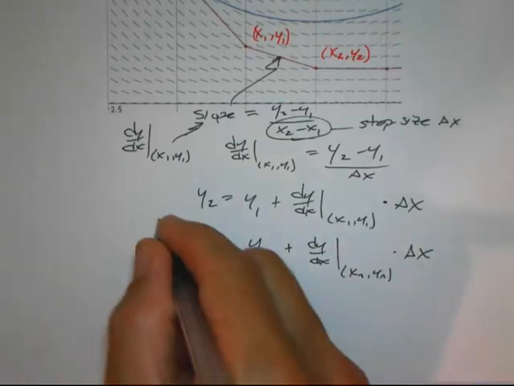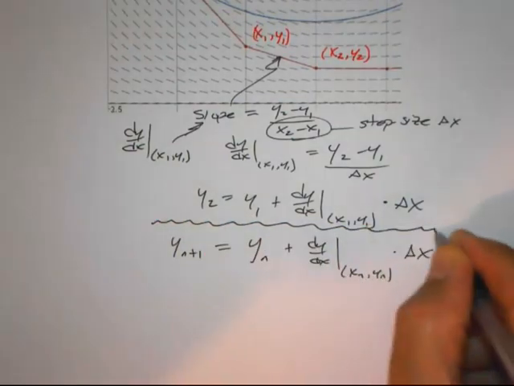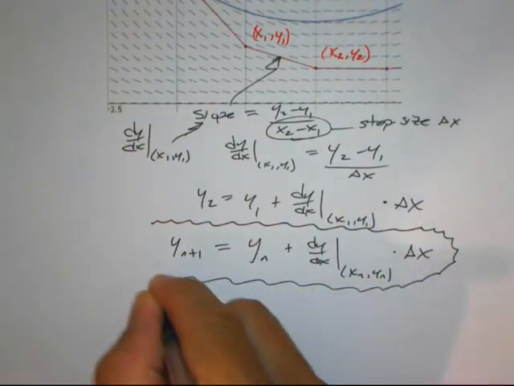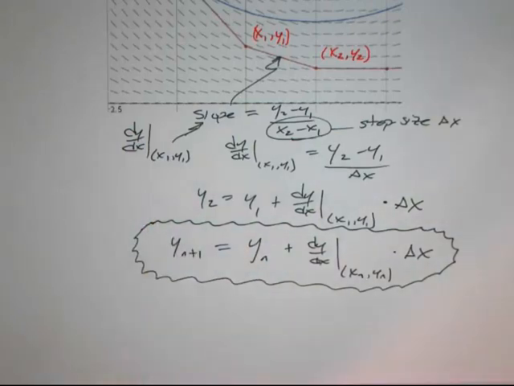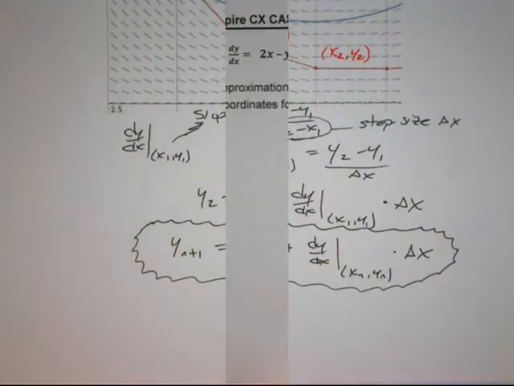And this is the basic algebraic formulation for Euler's method as you go to generate all your y coordinates for each segment. Okay, ready to go ahead to an exercise question now.